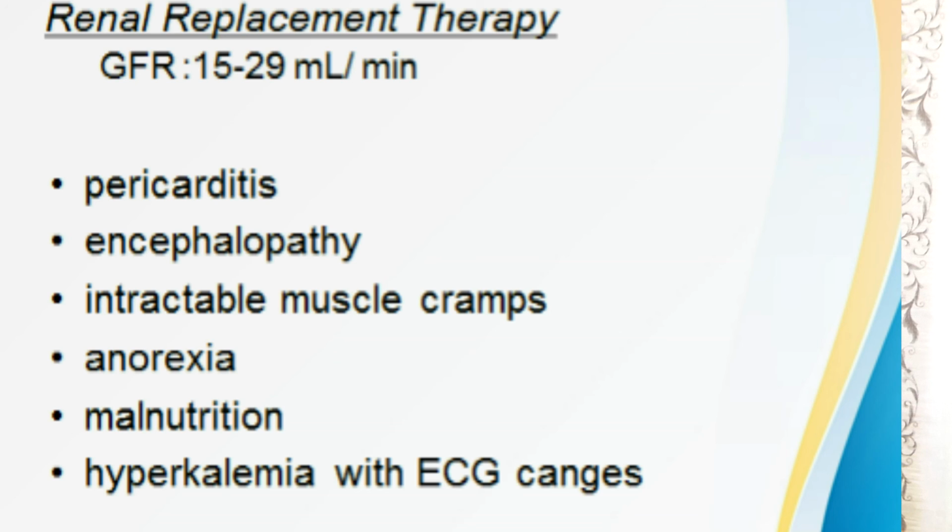Renal replacement therapy we give mainly when glomerular filtration rate is from 15 to 29 ml per minute, that is the fourth stage as we classified. We give it according to symptoms like pericarditis, encephalopathy, anorexia or malnutrition. When we see these in a patient along with decreased glomerular filtration rate, then we give renal replacement therapy.